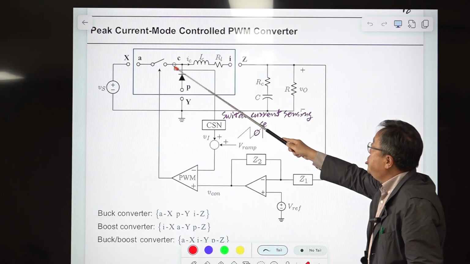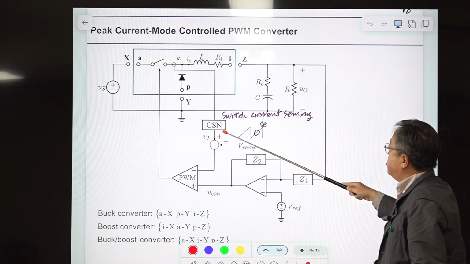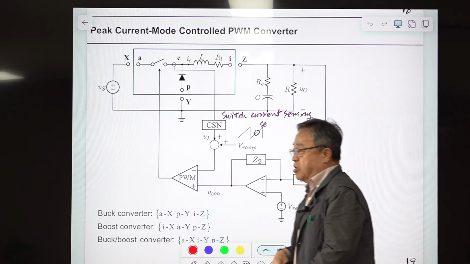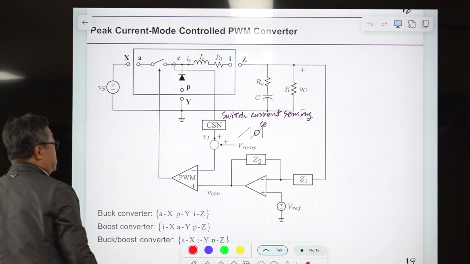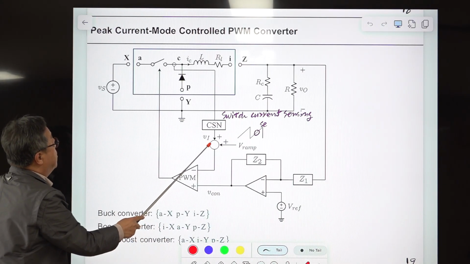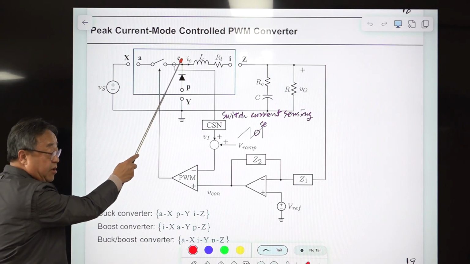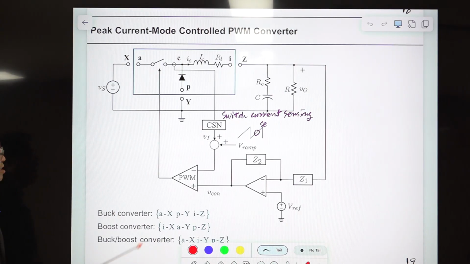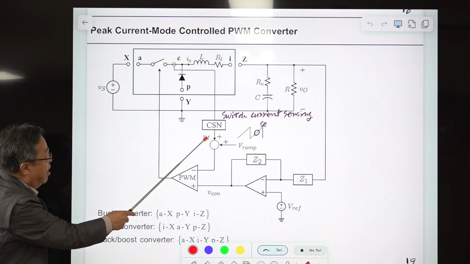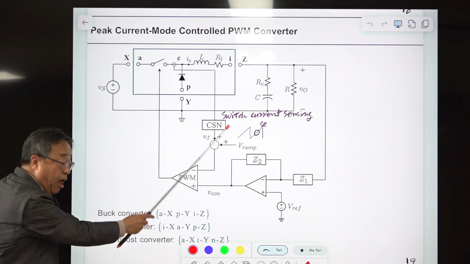The switch current is sensed through this current sensing network, and the resulting signal Vi, derived from Ic, which is IL for the case of the buck converter, is converted to Vi and mixed with this ramp signal.